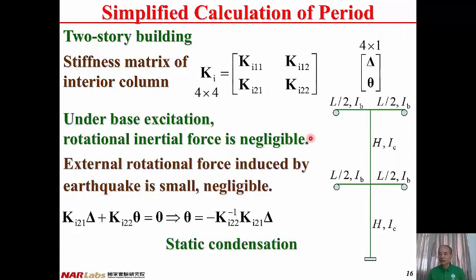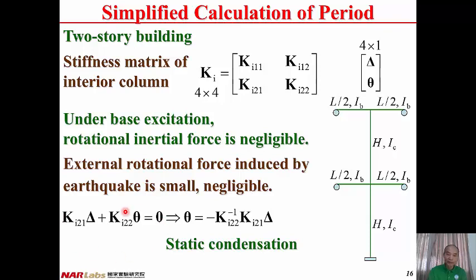And with the same argument, under earthquake, rotational inertial force is negligible. Under earthquake, external rotational force is also negligible. So that we can consider the second equation, Ki21 times delta plus Ki22 times theta equal to 0. 0 here means that there's no external rotational force. There's no acceleration here because there's no rotational inertial force.